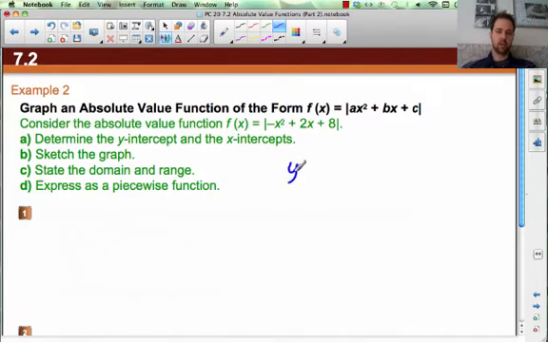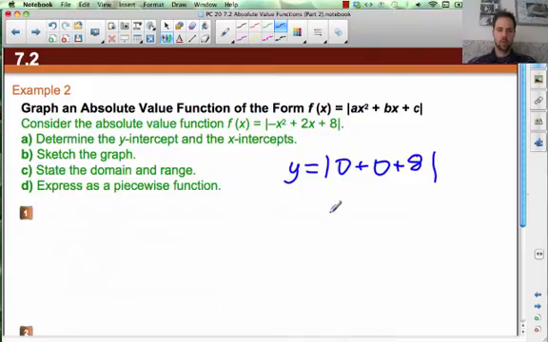So the y-intercept would be 0 plus 0 plus 8. Which of course gives us the point 0 and 8 as our y-intercept.